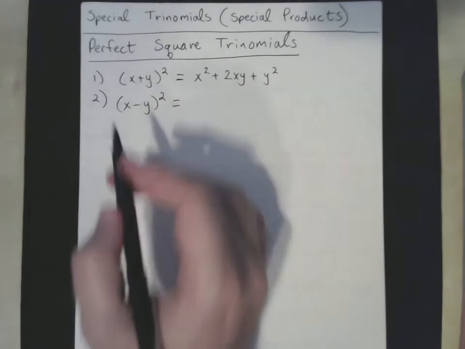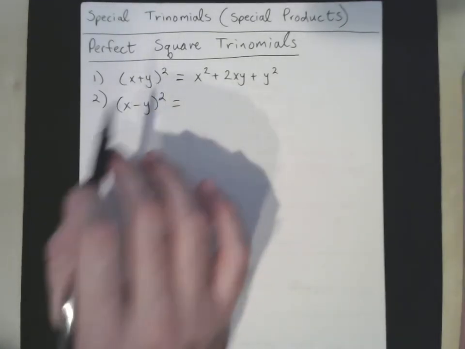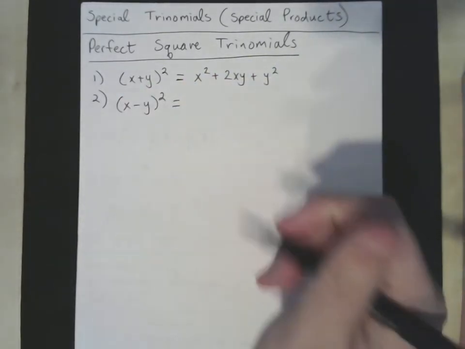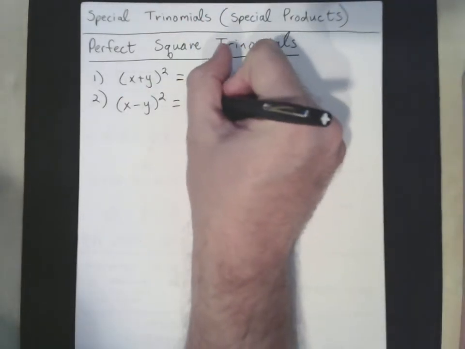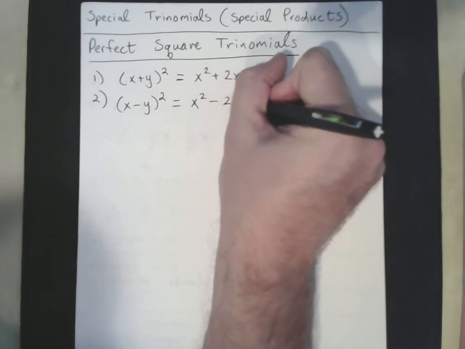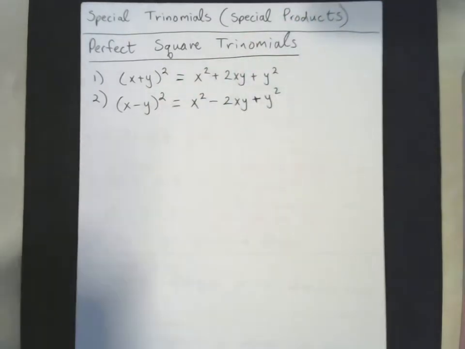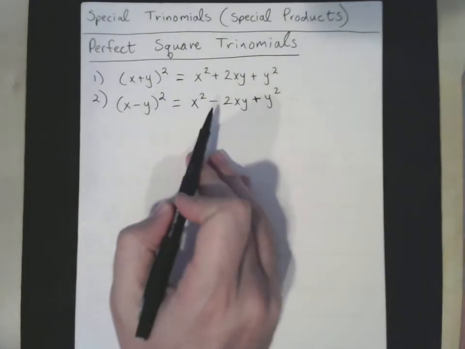Always in that format, no matter what this term and this term are. X and y in this case are placeholders. And x minus y squared is equal to x squared minus 2xy plus y squared.